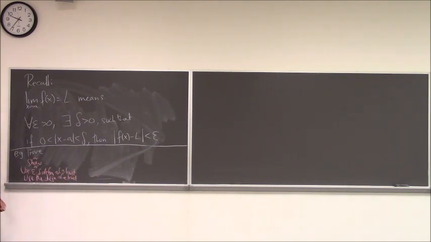There's a difference if I ask you to calculate a limit, compute a limit, versus prove that this is the limit, show that this is the limit, use the epsilon-delta definition to say that this is the limit.